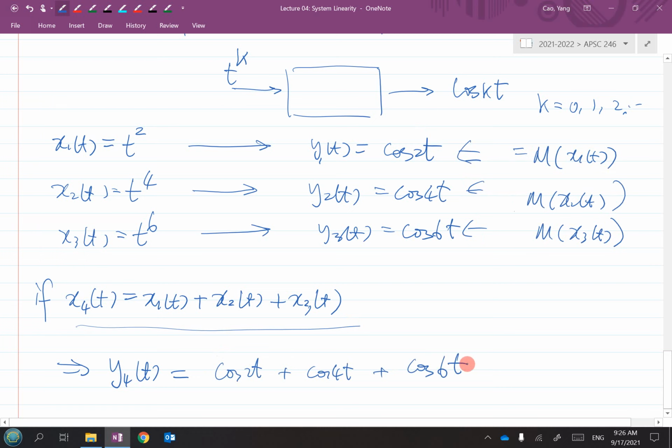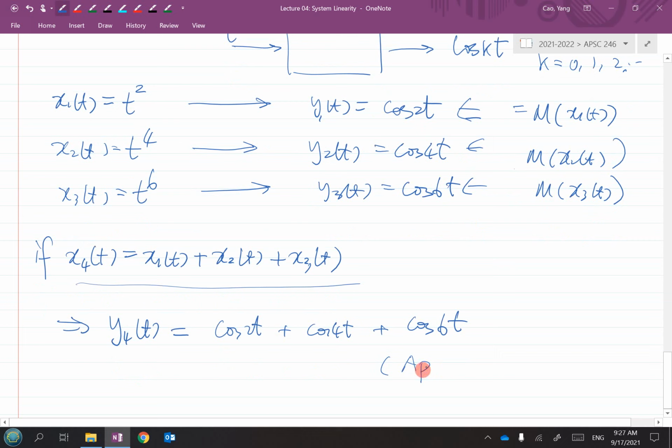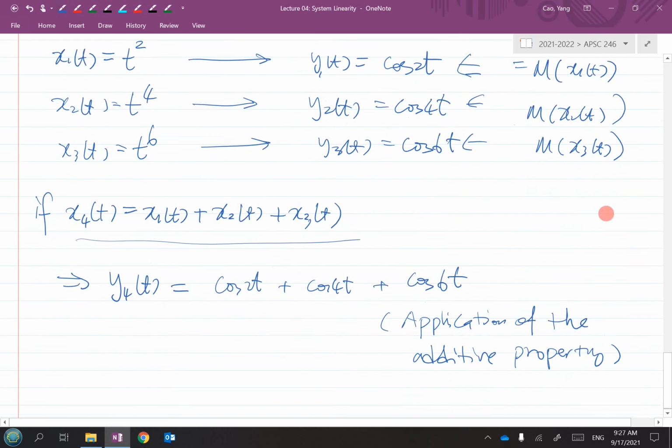That's what I call an application of the additive property, because I have knowledge that this system is a linear system. So you're applying a simple concept of how to apply the additive property.